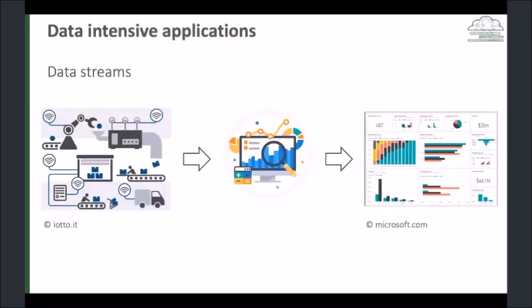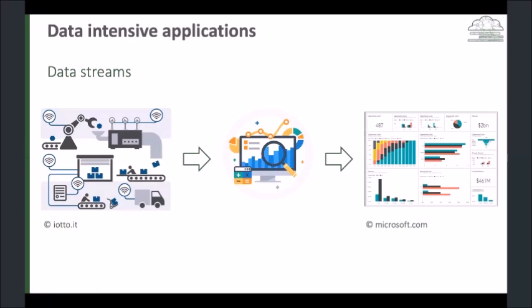our context. This is a typical example in an Industry 4.0 scenario, where we have machineries with embedded sensors that are able to collect data about the status of some process, and this data can be analyzed by an application.